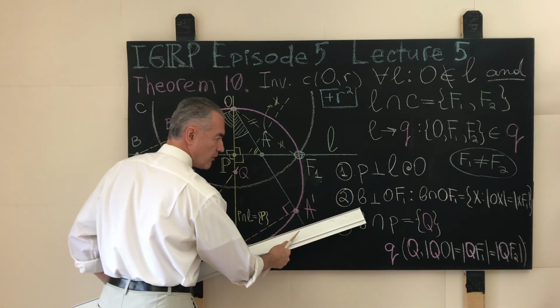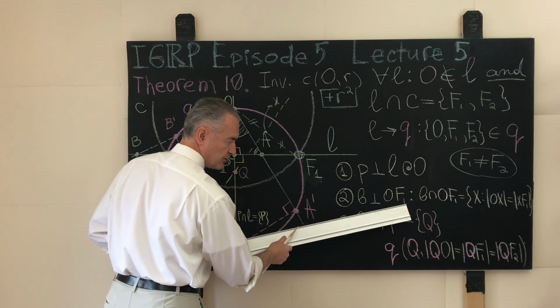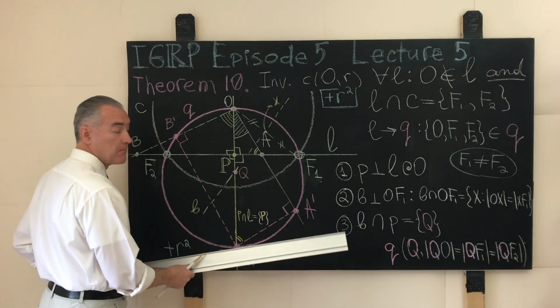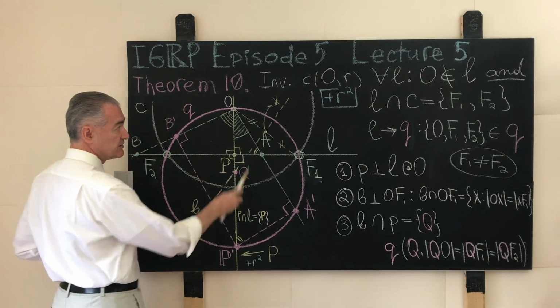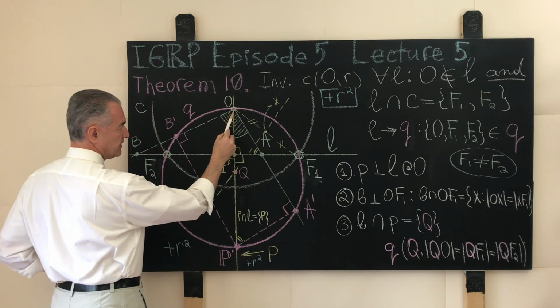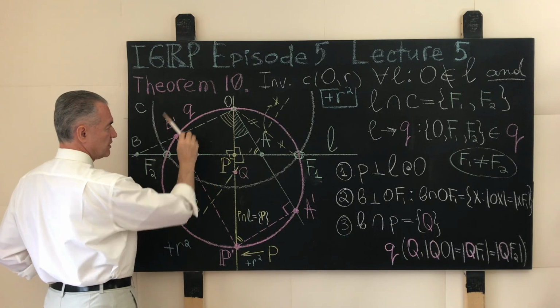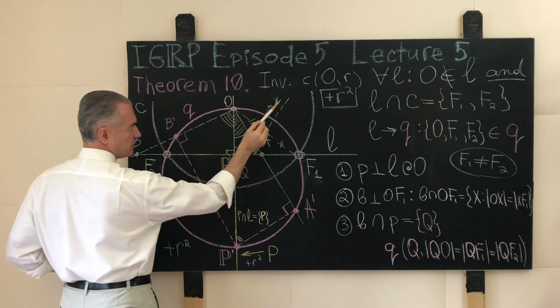Step number two: pick any point, F1 or F2, it doesn't matter. Here I showed you the point F1, and perpendicularly bisect that line segment OF1, or you can also perpendicularly bisect the line segment OF2, it doesn't matter. Cut this one in half or that one in half.